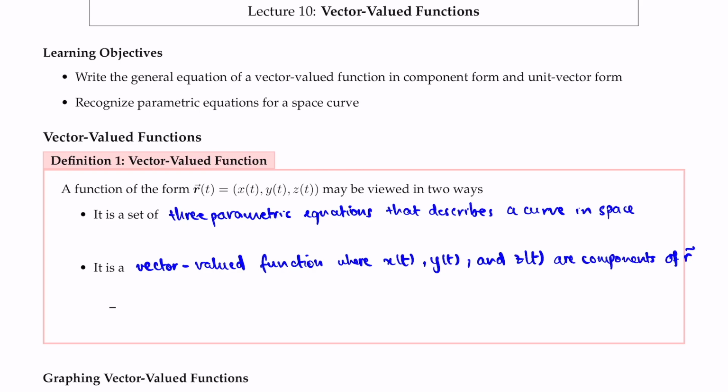That is, each component varies with respect to the parameter t. So the components x, y, and z are functions of t. That means each component varies with respect to, so WRT means with respect to, the parameter t.